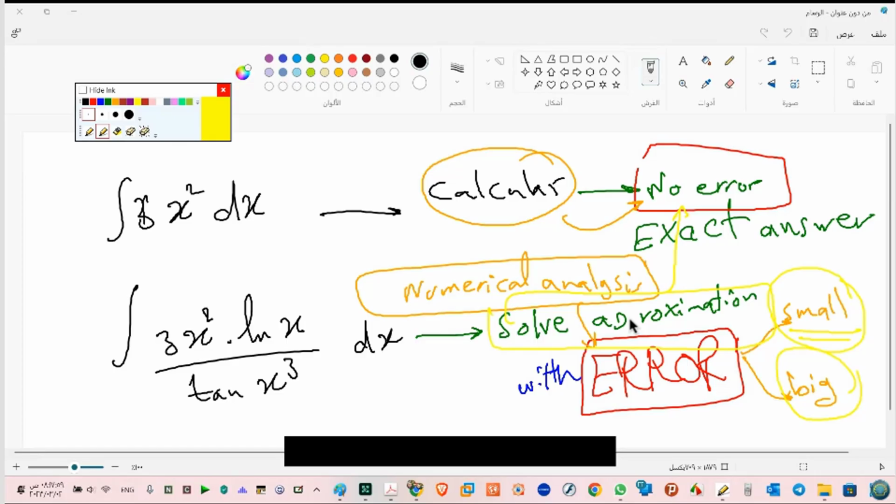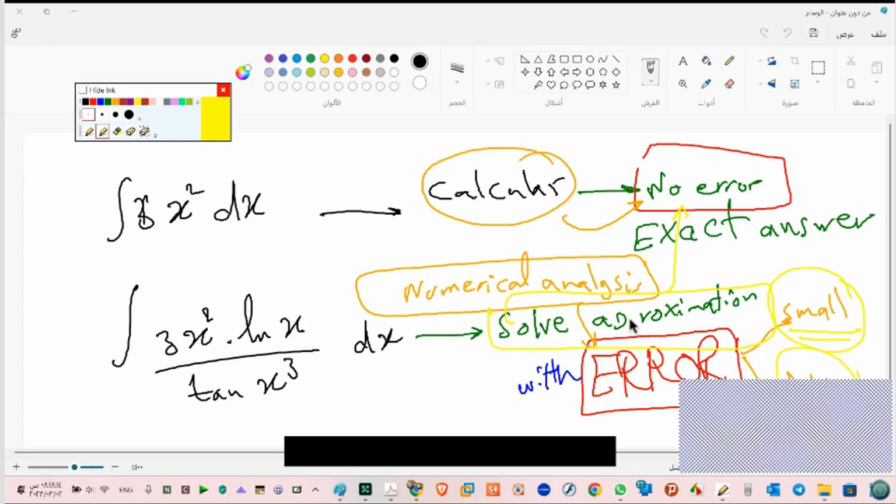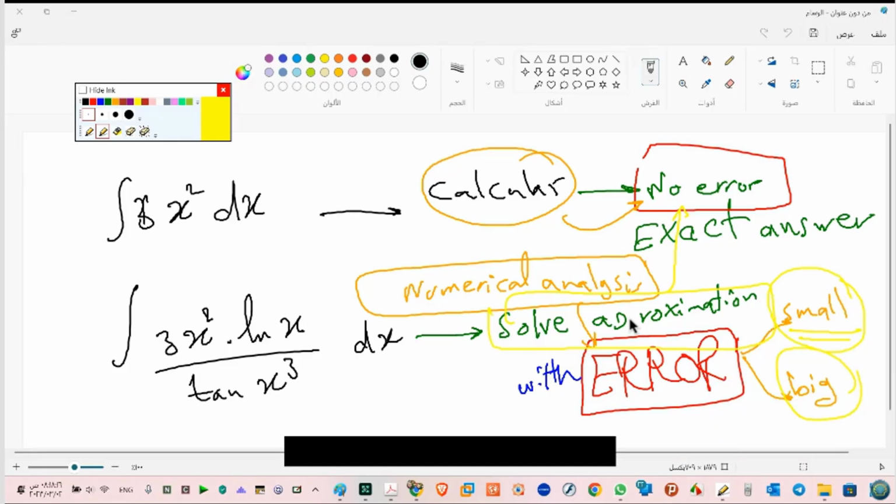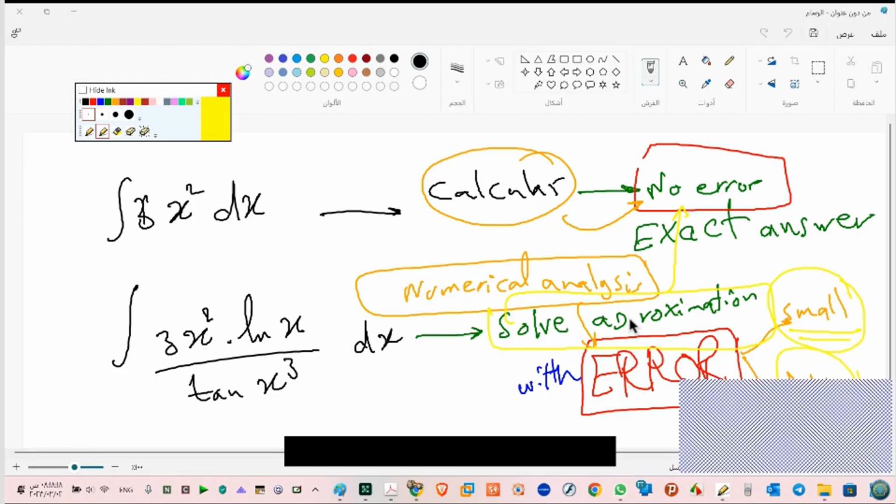If this error is very small, that means this answer will be like the exact answer I would get from calculus. Clear or repeat? Okay, thank you so much. Is it clear for you?